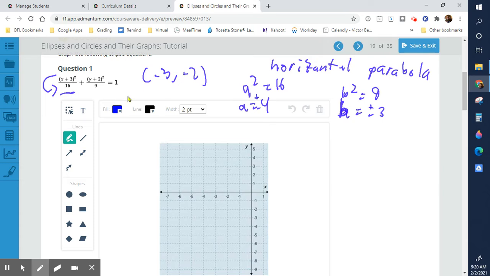So when we graph this, I'm going to grab my little pencil. It's not letting me do it because I'm using different software, so I'm just going to use my regular pen that I use to show you guys. So I'm going to go here. I'm going to graph a center. You could technically try to use these. I don't recommend it.